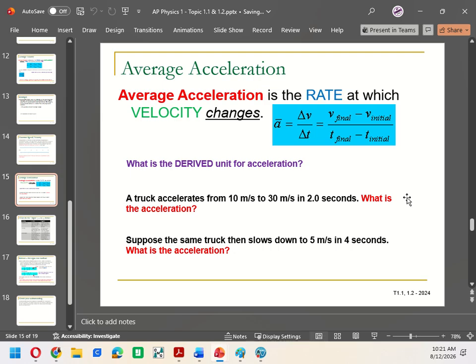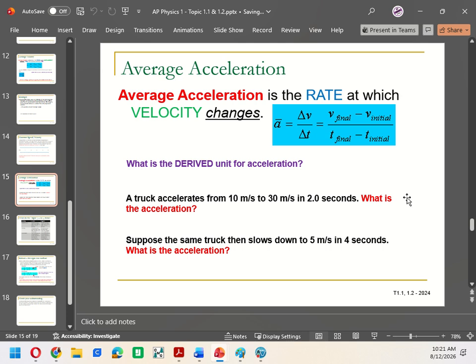So we would actually go 5 minus 10 over, what would my time be? Not 4. 6.